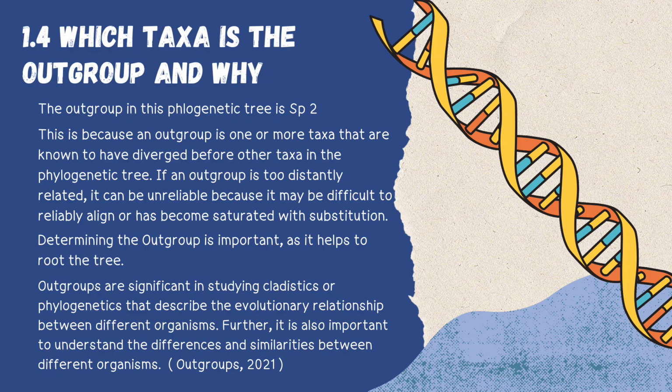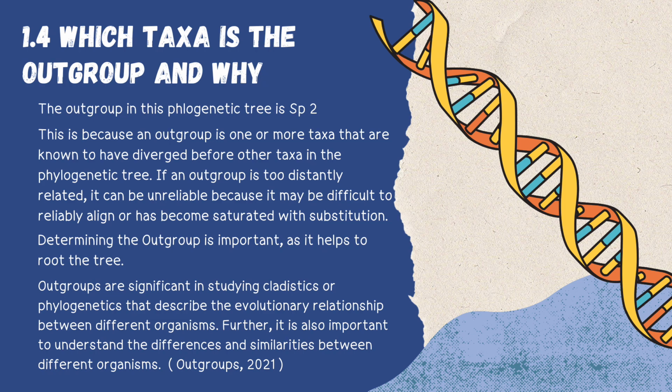And the last of this part is 1.4, which taxon is the outgroup and why. The outgroup in this phylogenetic tree is species 2. This is because an outgroup is one or more taxa that are known to have diverged before other taxa in the phylogenetic tree.